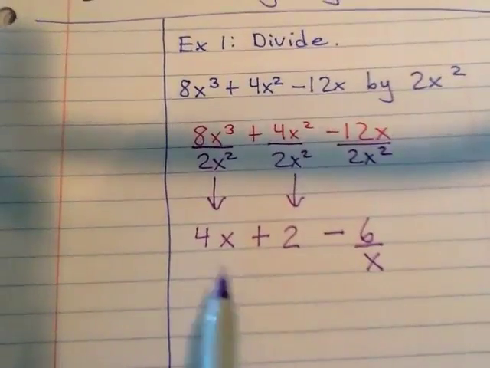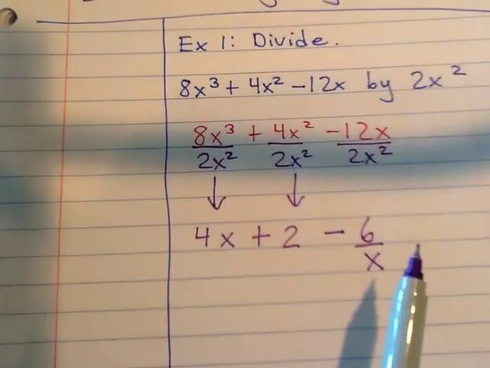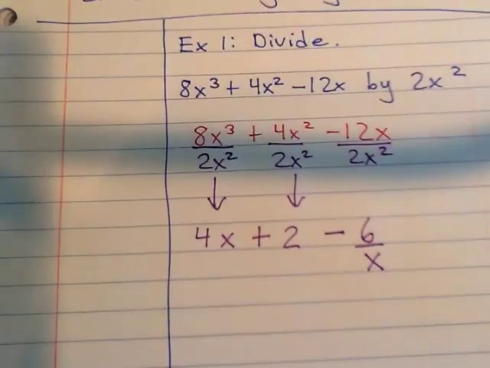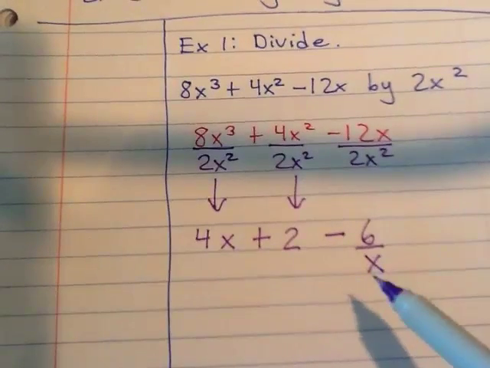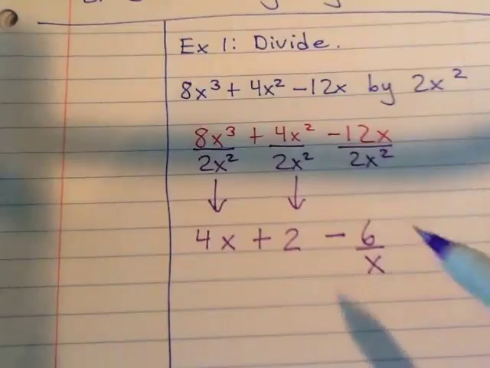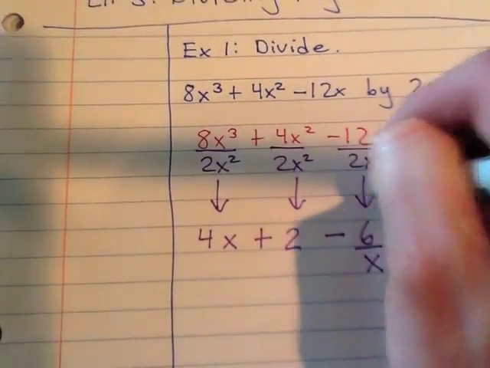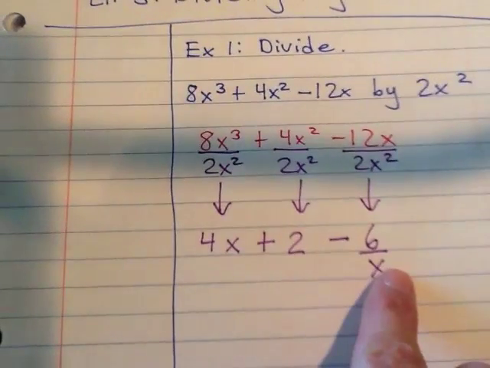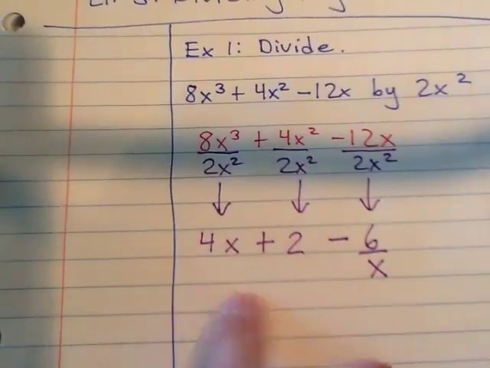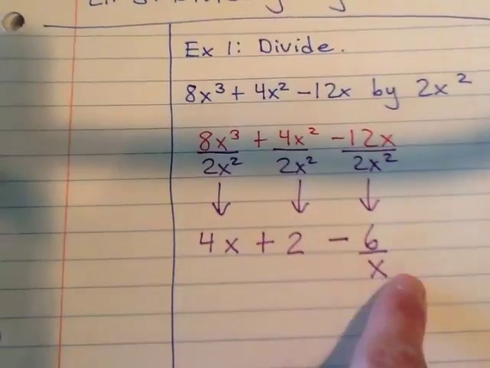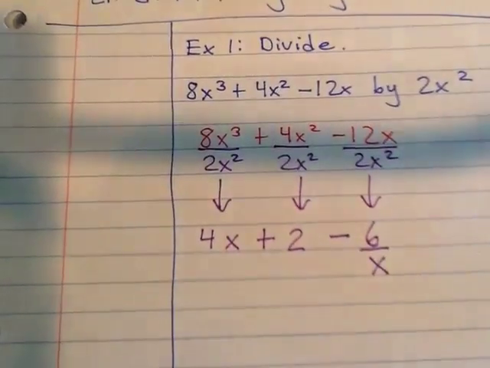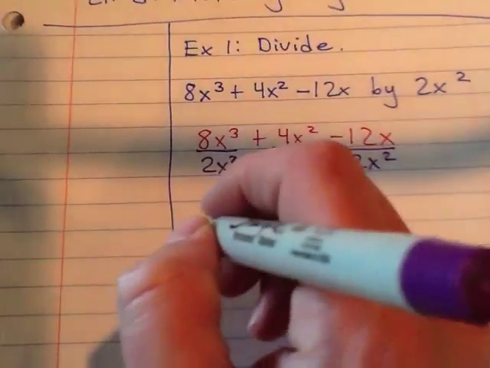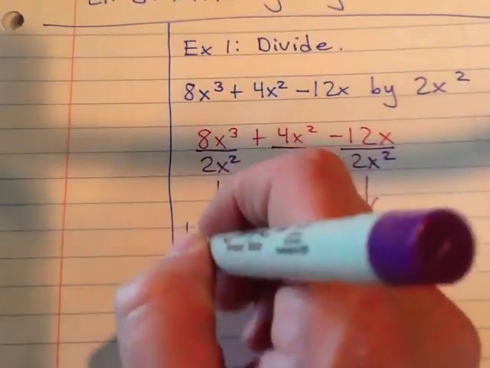Now this is simplified as much as it can be. It's not in standard form in the sense that we have an x right here. Sometimes you might have to actually go look for something that's in a different order. But for this example, that's fine for your answer. There's no like terms to combine there. So that's your answer.